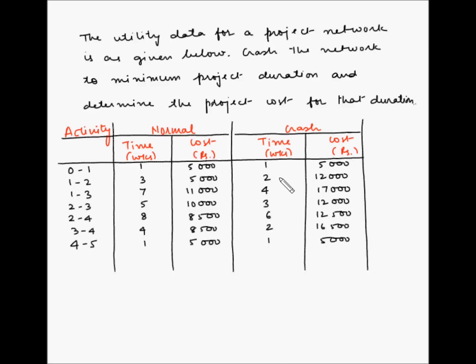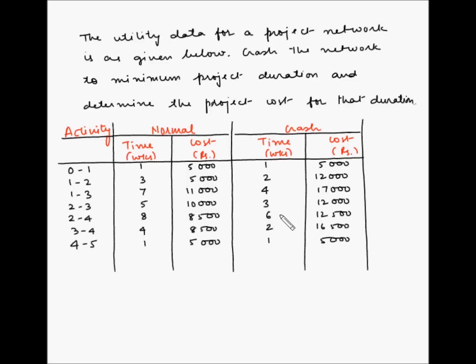Now you may think, why don't we take the shortest possible duration for this project as the addition of crash times? But that is not possible because there are activities which are being done in parallel to each other, and also there are activities which do not fall in the critical path, so they do not contribute to the current duration of the project.